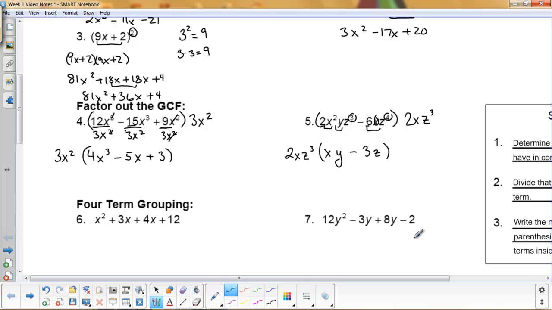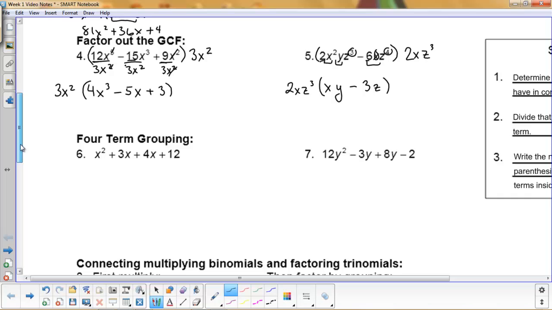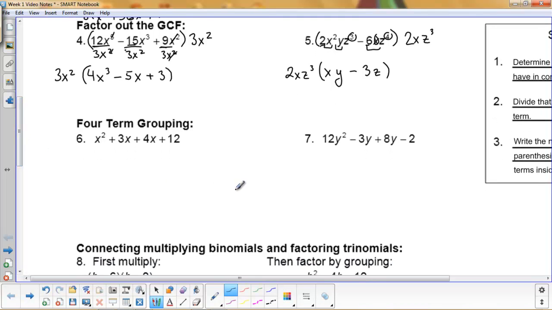The next step we're going to talk about is something called 4-term grouping. 4-term grouping is when you have a set of values that all 4 numbers don't have a greatest common factor, but 2 of them do. And this is actually the setup for factoring out numbers, and that's what we're going to get to in just a second.